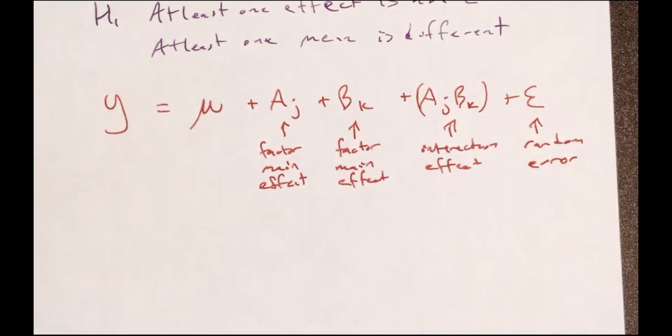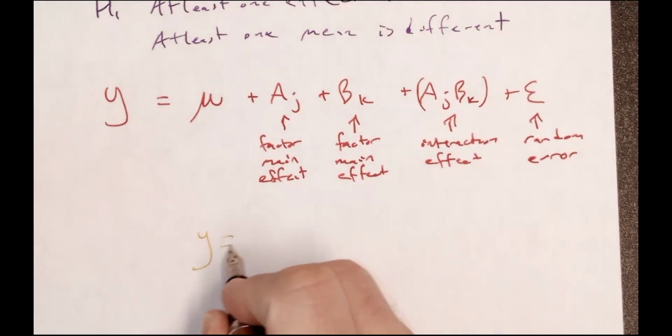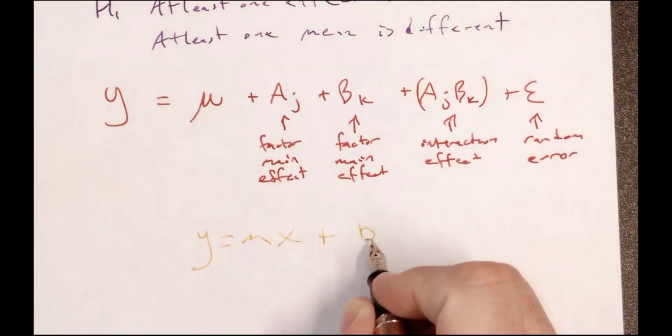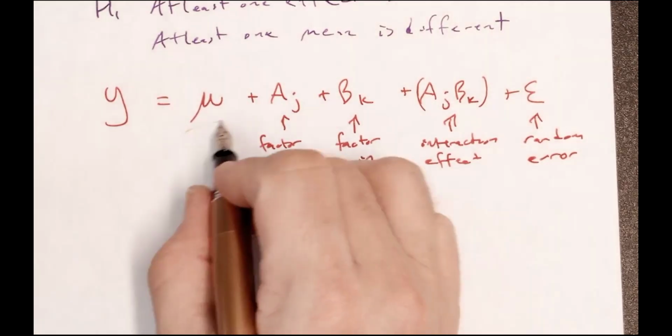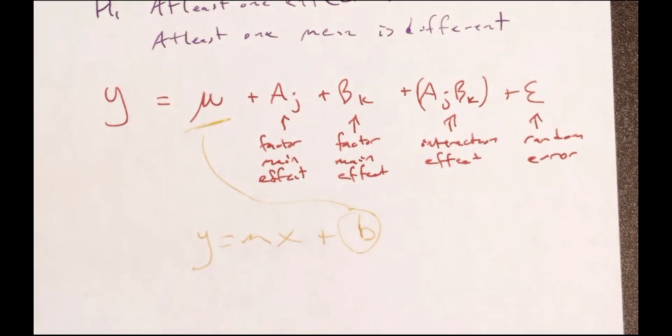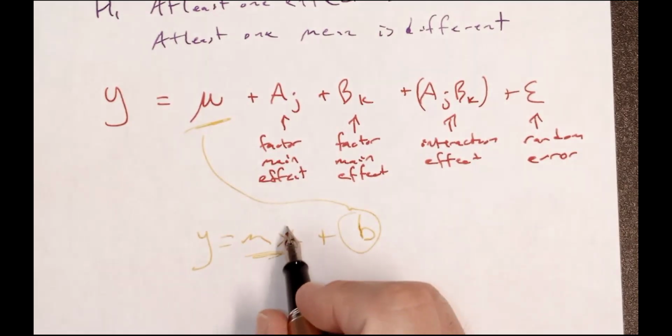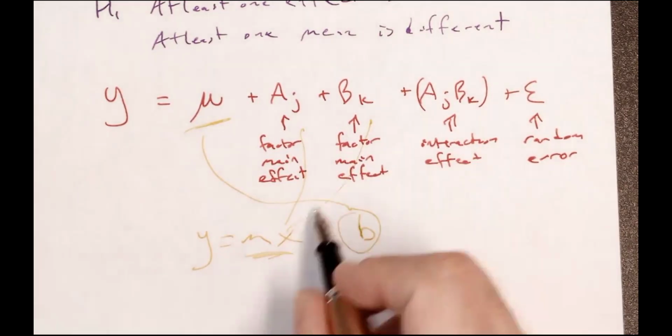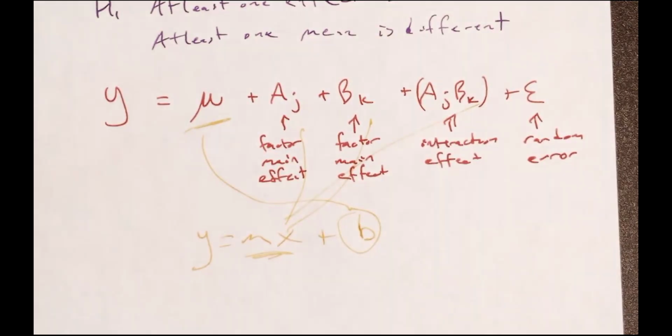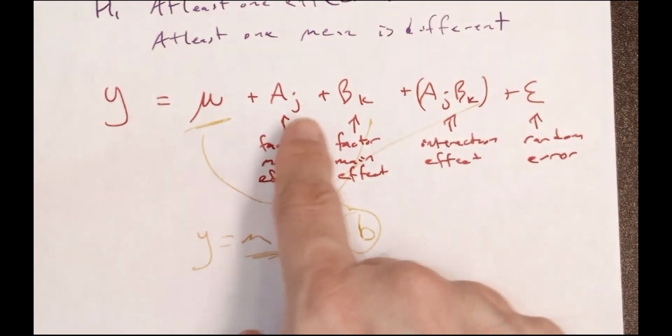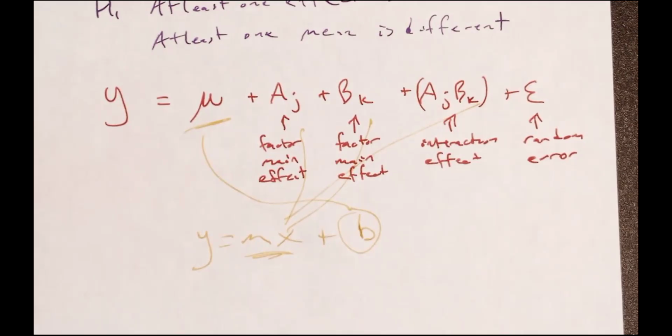So that's like the equation of a straight line. We had some number that we were adding to, and we had some number that was affected by our items. These A_j and B_k effects behave like our slope idea.